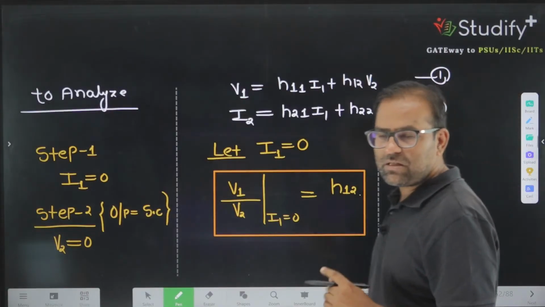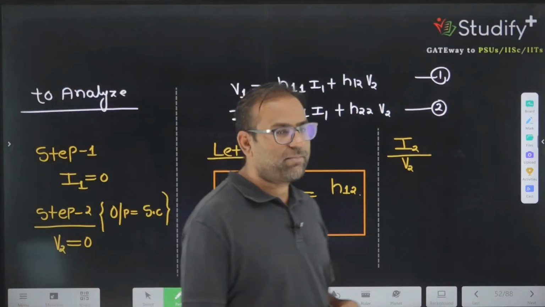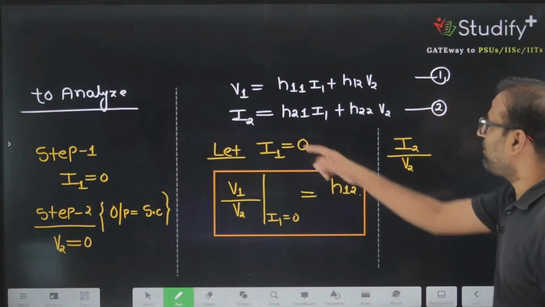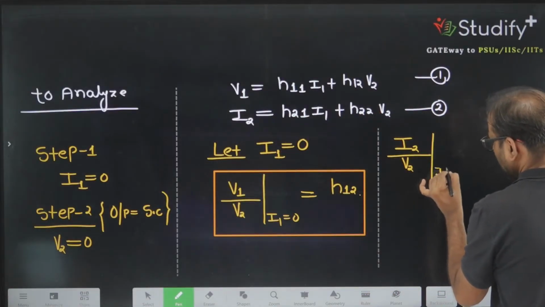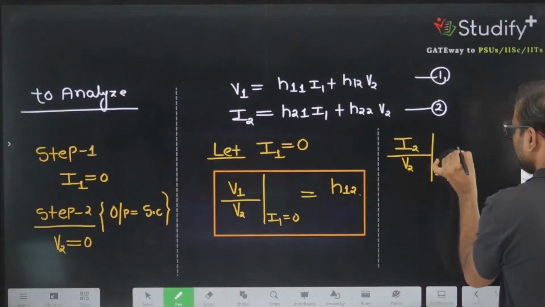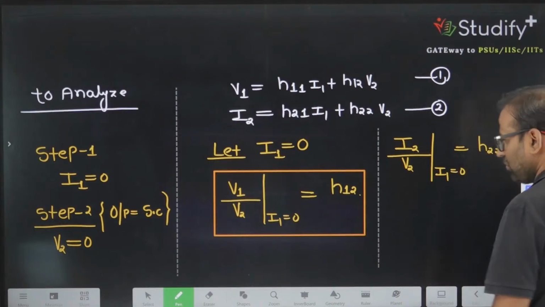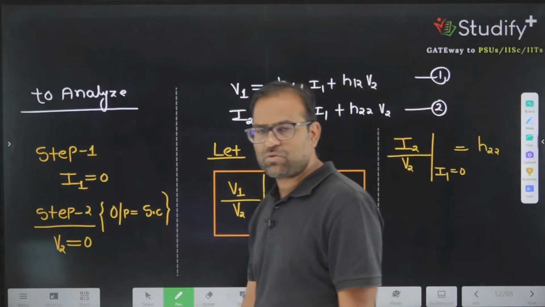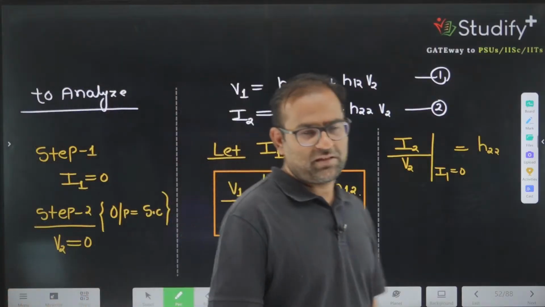All these parameters you will get in the data sheet of the transistor. By making I1 equal to 0, this parameter is known as H22, the conductance parameter or admittance parameter.